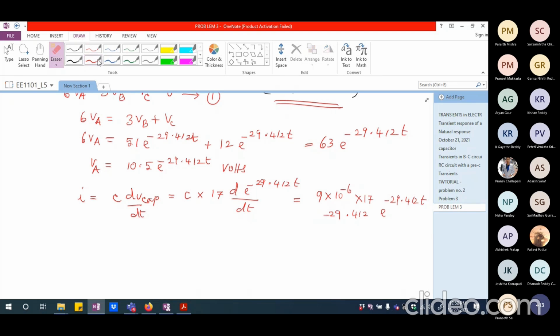Ma'am, I actually solved those 3 equations. I got VA as 7 by 3, ma'am. You will have a transient. If you have not taken the transient, then you are not going to get that correctly because I itself has a transient. Please remember, I is not a straightforward algebraic or direct value, a number.